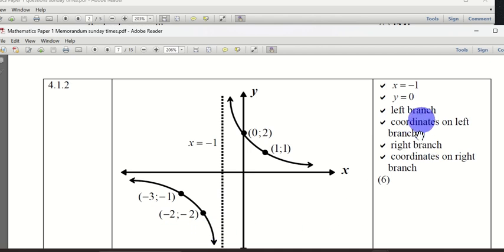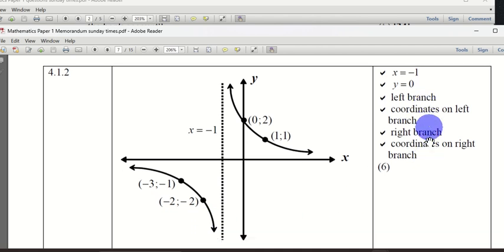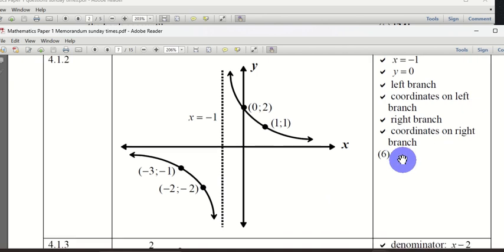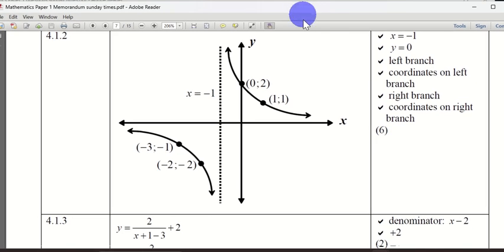Right, these memo answers, write the 6 marks, write it down for yourself so that you know what the examiners will be looking for. They might not even give you those marks, but if you include it, it shows you understand your work. Okay? So that coordinate can be any coordinate. You simply do substitution.